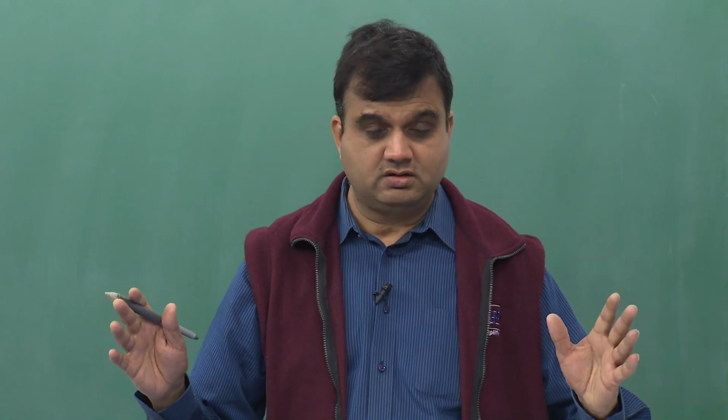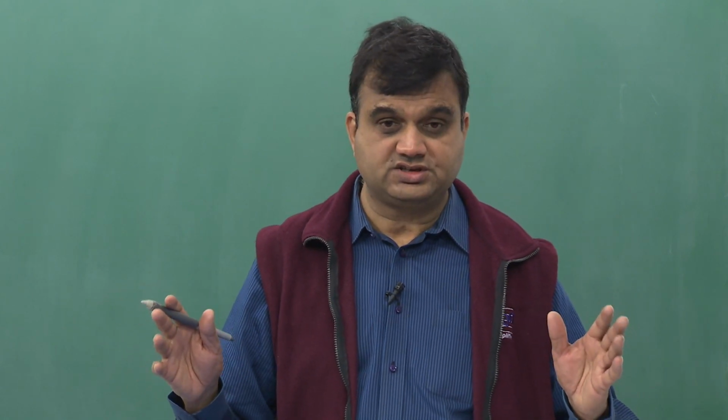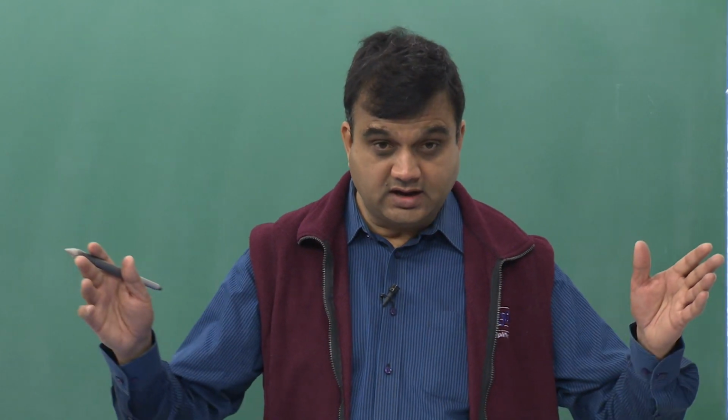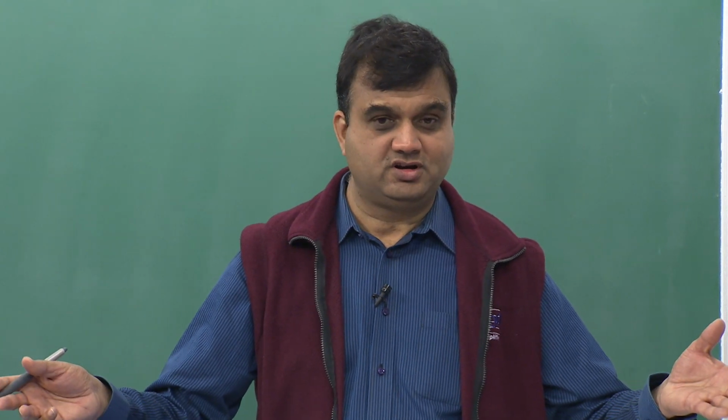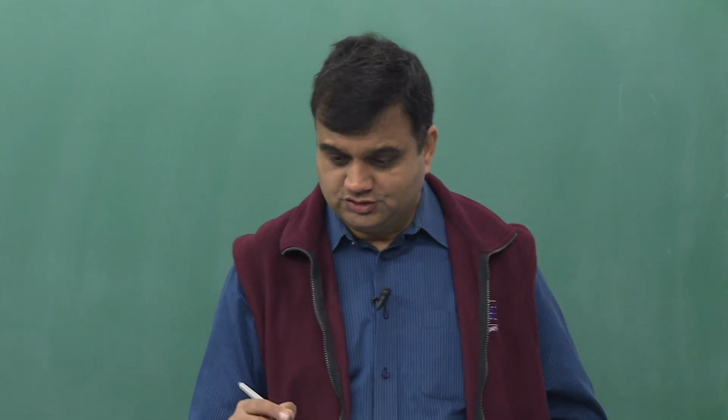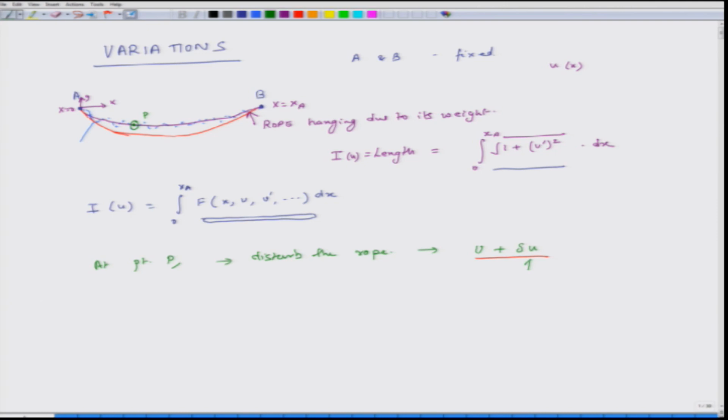The only constraint which I have to impose when I am making this disturbance is that at A and B it cannot violate the boundary conditions. Okay. That is very important. So, these variations have to subscribe to fixed BCs related to u at points A and B. Okay.